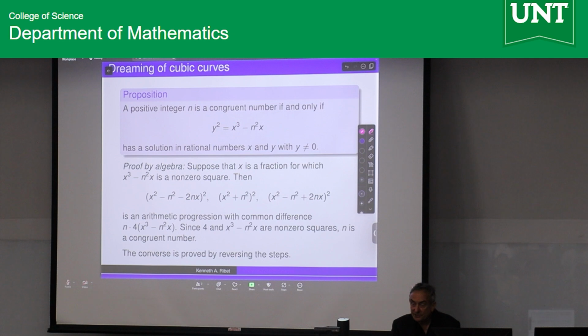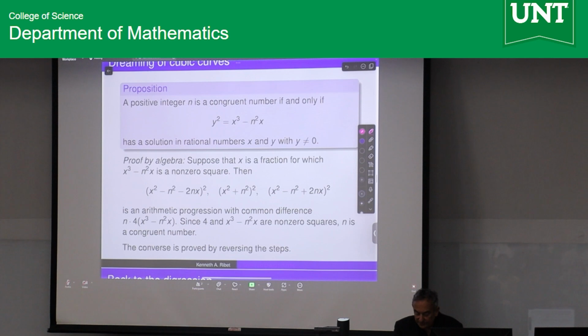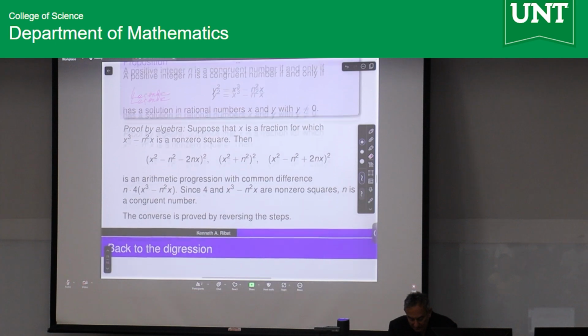And that difference is going to be some square times the number n. And the argument works both ways. So this is really just complete algebra, and it doesn't at all bring in any of the theory of elliptic curves. And in fact, this proposition, maybe I say in a later slide, was apparently due to the ancient people from the 18th century or whatever. So this is not a new observation.